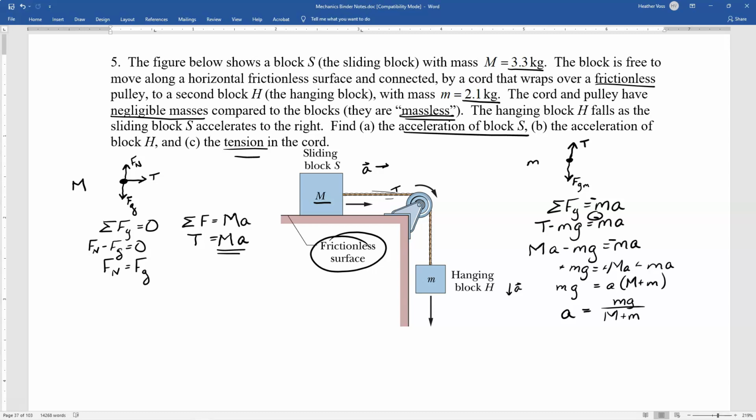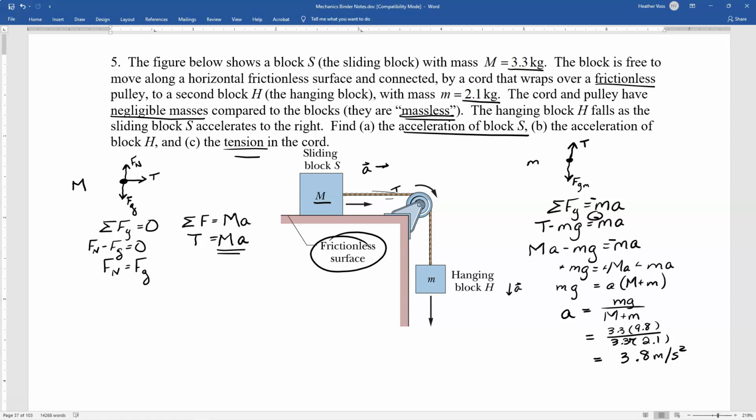So if we plug in our values, we are going to have 2.1 times 9.8 over 3.3 plus 2.1. And so what we're going to end up with is about 3.8 meters per second squared.